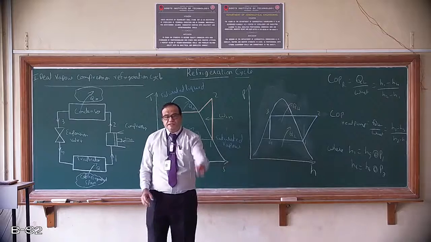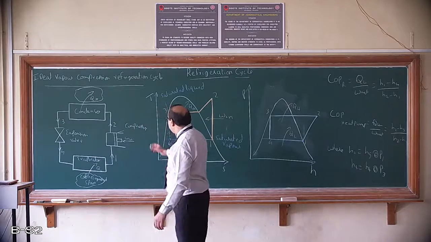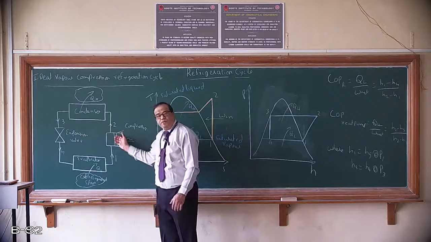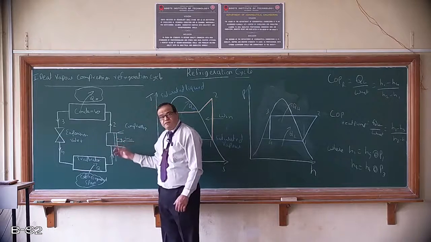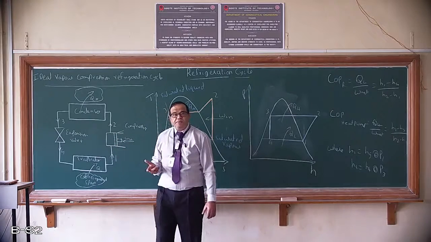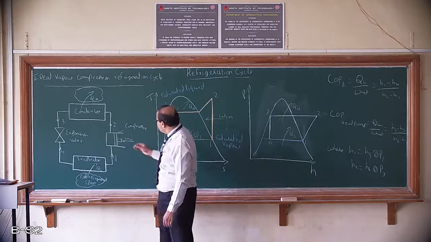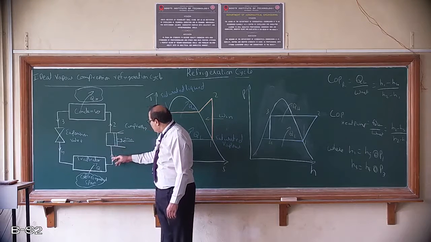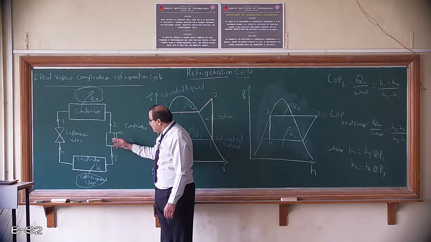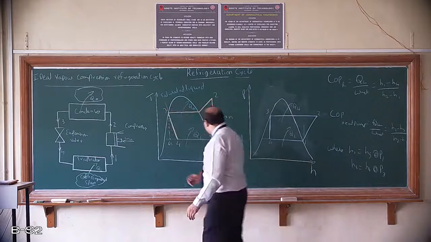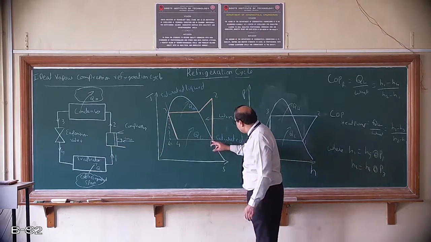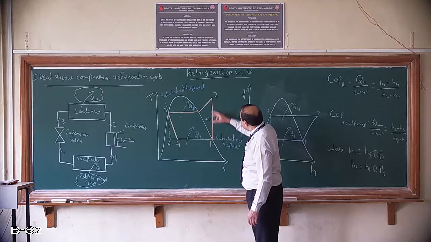For the compressor, we need to provide work input, W in, because it has to be supported with a prime mover. The refrigerant enters the compressor and gets compressed.